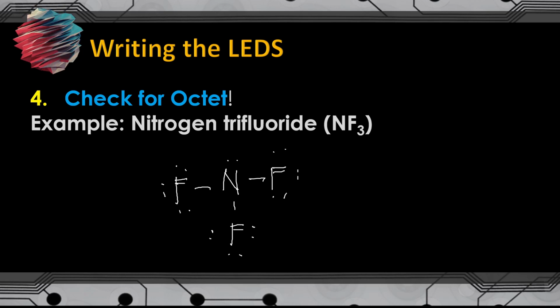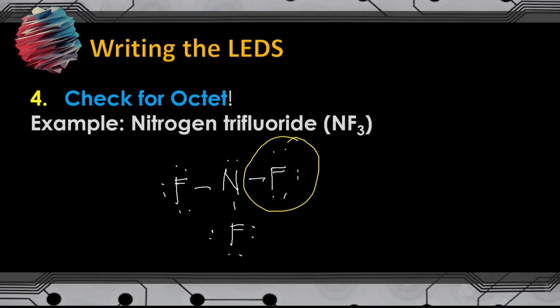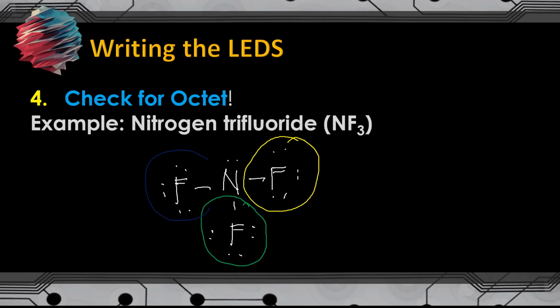As you can see here, there are 8 valence electrons, 8 valence electrons, 8 valence electrons, and of course the nitrogen, it has 8 valence electrons. Okay.